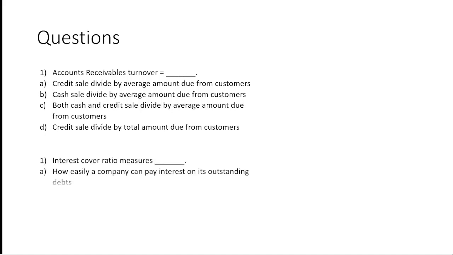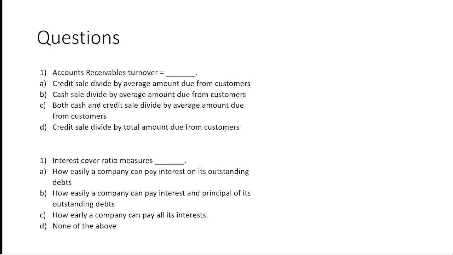And the last question that we have is, what does interest cover ratio mean? How easily a company can pay interest, or how easily a company can pay interest and principal, how early a company can pay all of its interest, or none of the above.